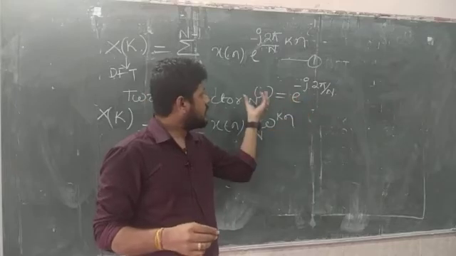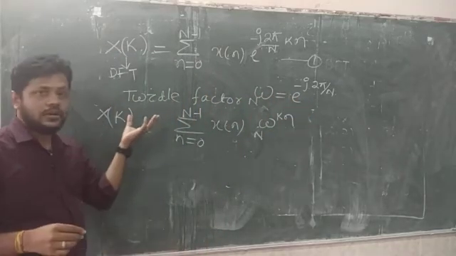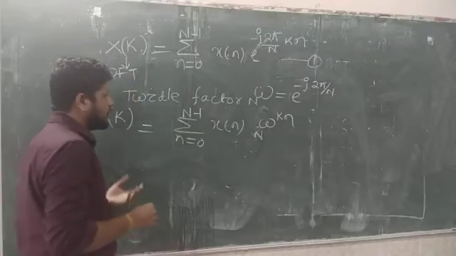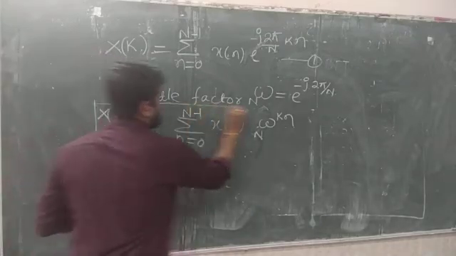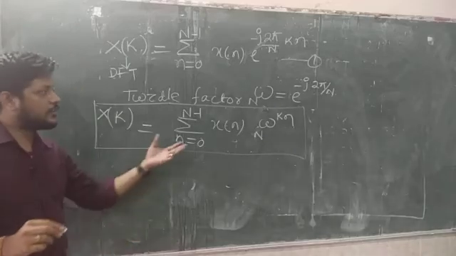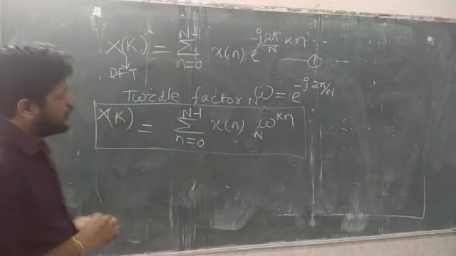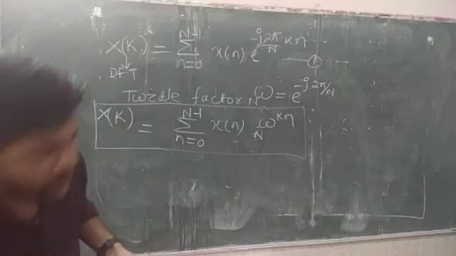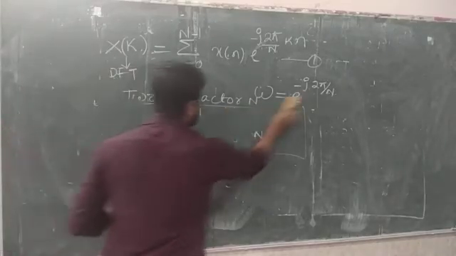That's why this is known as the phase factor or Twiddle factor. Putting this in equation 1, this is the new form of the DFT, in terms of W, where W stands for the Twiddle factor or phase factor. Now we will solve that same problem by using another method, that is the matrix method for solving the DFT.